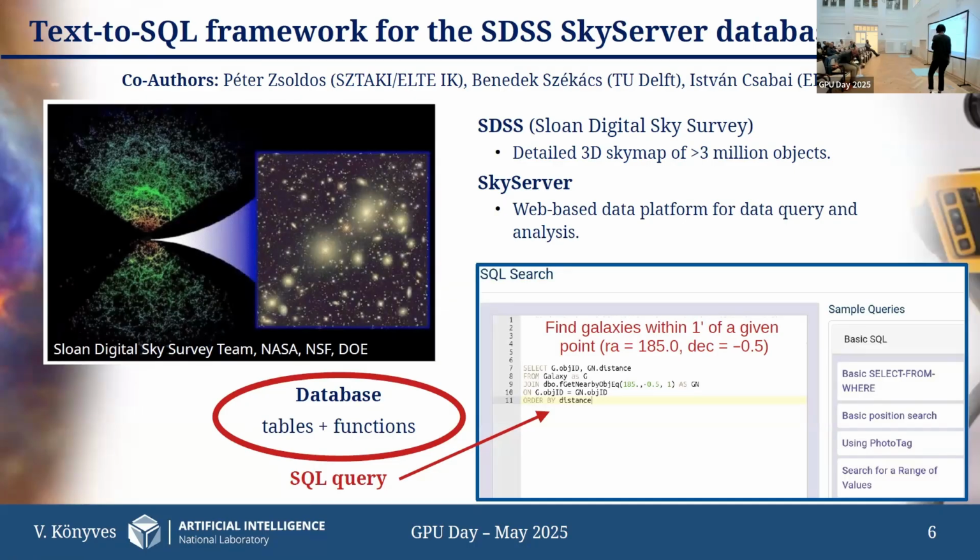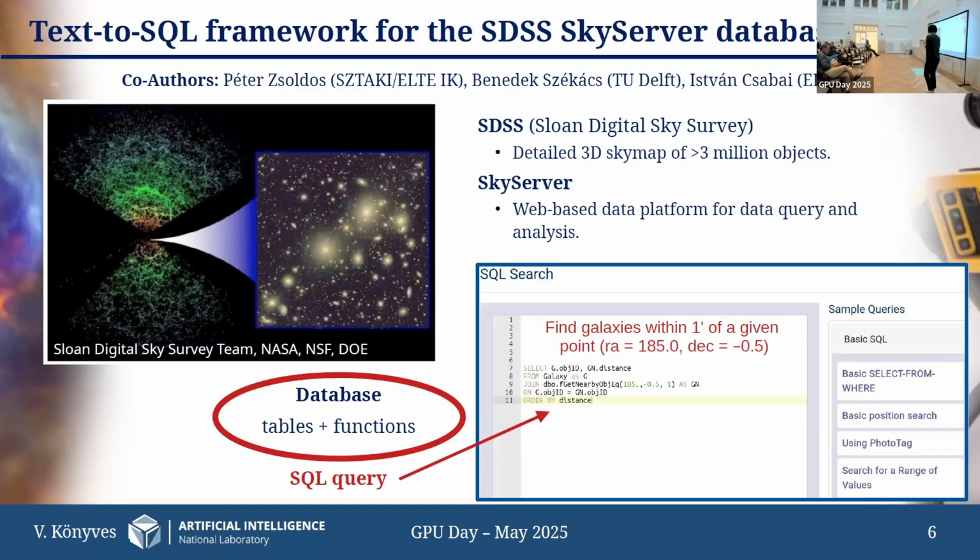So what's the SkyServer? The SkyServer is a huge platform where both the data and the computing power are available. Let's keep it simple. Among other things, in this database we have tables and functions. A function, for example, calculates the distance between two sky coordinates.